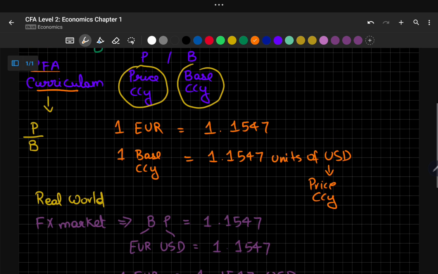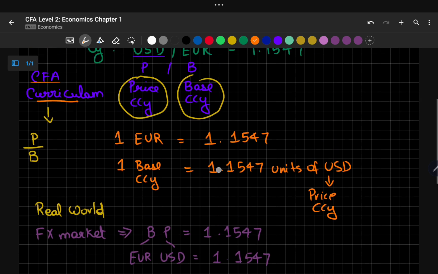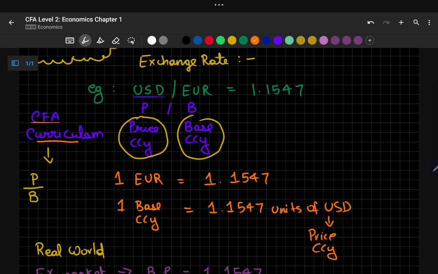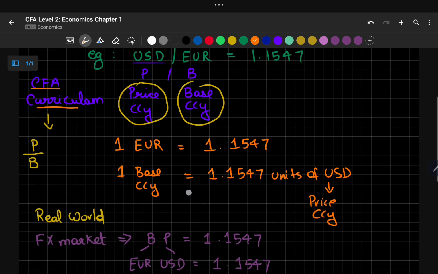That is what an exchange rate is. So here 1 euro would be equal to 1.1547 USD.